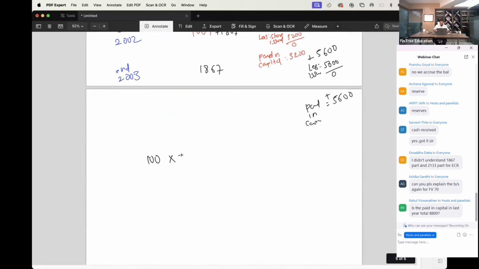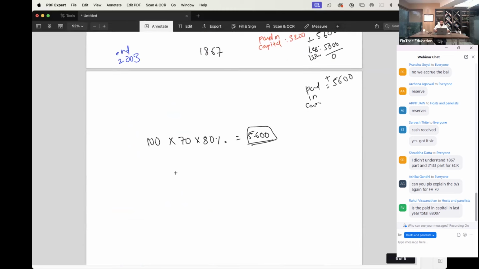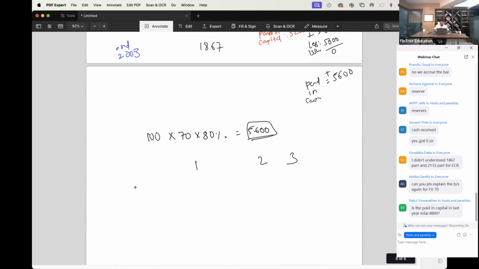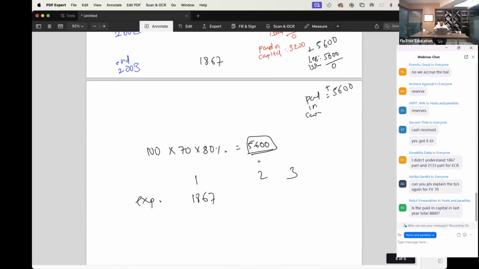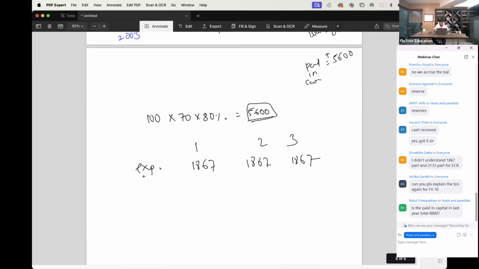Today the shares are worth 70, but you know that only 80% of them will be vested. So my total expense is 5600. All that I have to do is divide this expense over 3 years. So year 1 expense is 1867. This is calculated as 5600 by 3. 1867, 1867. What is the second effect of this?